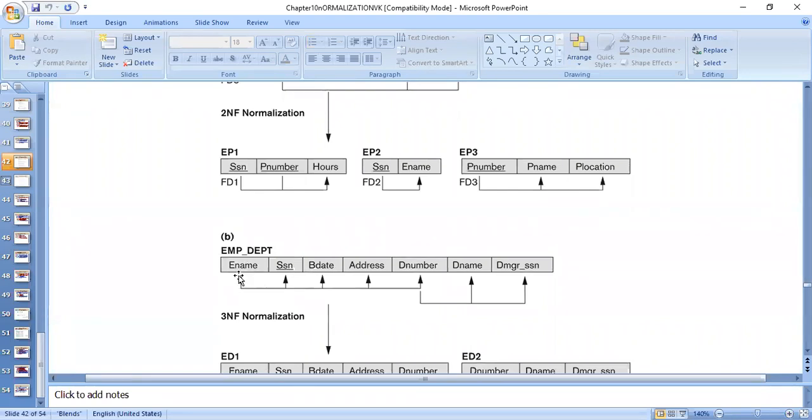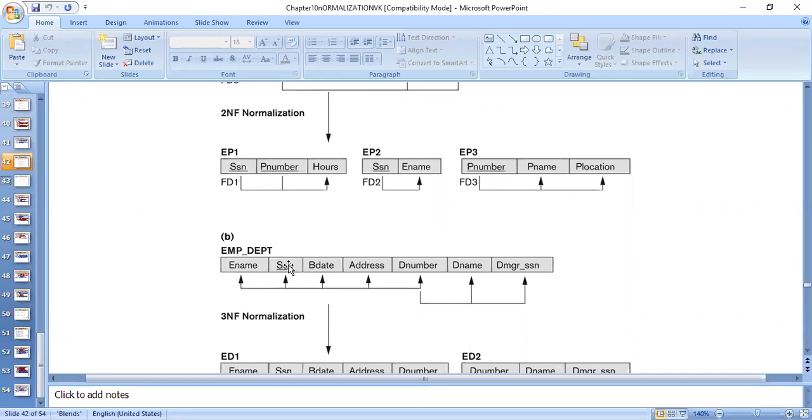Let us understand. Here the attributes are employee name, SSN number, birth date, address, then department number, then department name, and then department manager SSN. So here these are the attributes. Let us try to understand whether there is any transitive dependency or direct dependency.